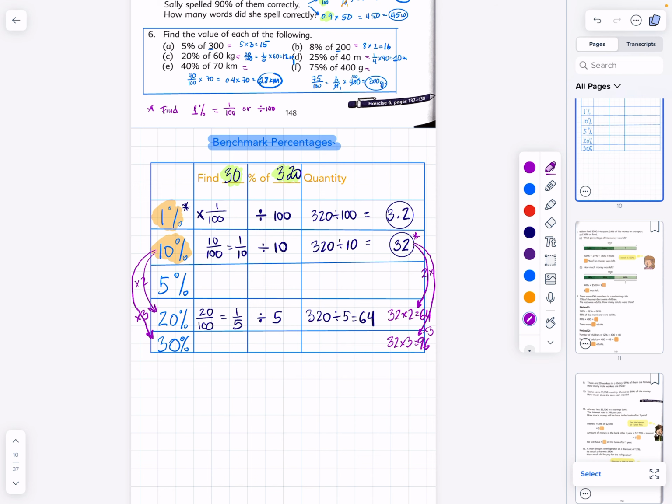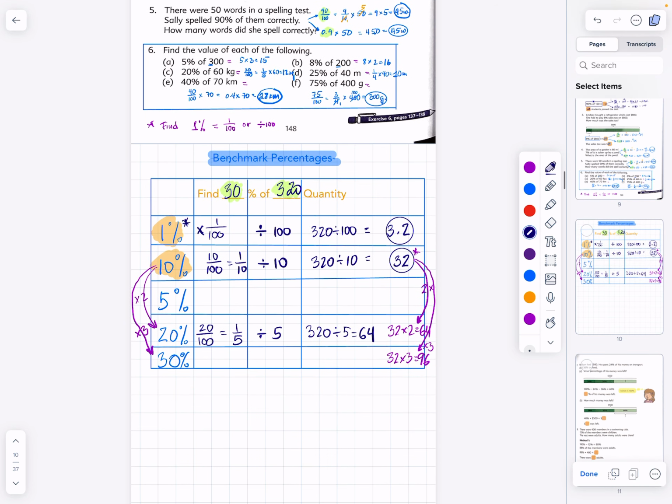Of course, you can alternatively turn it into a very simple fraction. 30 out of 100 is 3/10. And guess what? To find 3/10, it means you first divide by 10 and then you take 3 of those parts, which is exactly what we've done. First find 10% and it becomes, any way you slice it, any way you figure it out, it becomes 96. So we can do it: 320, step 1, divide by 10, then triple the quantity, becomes 96.